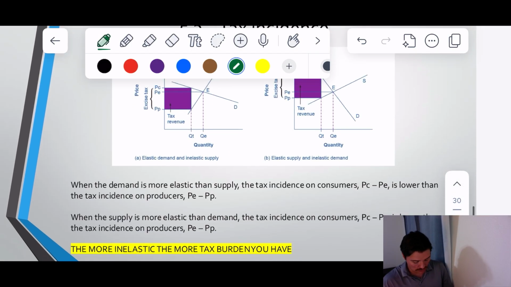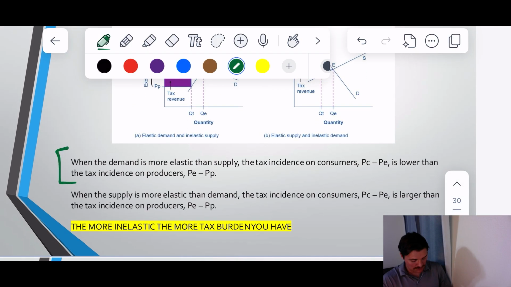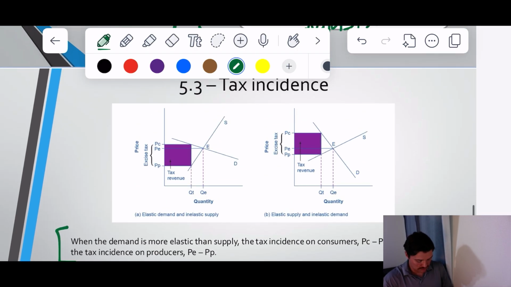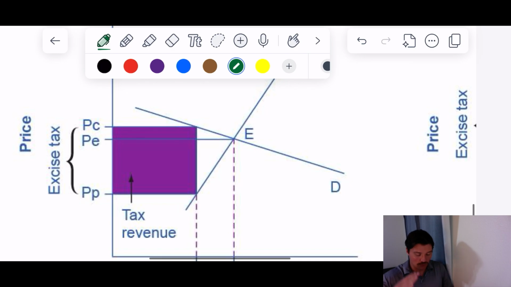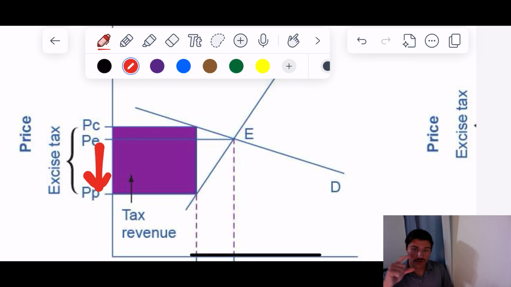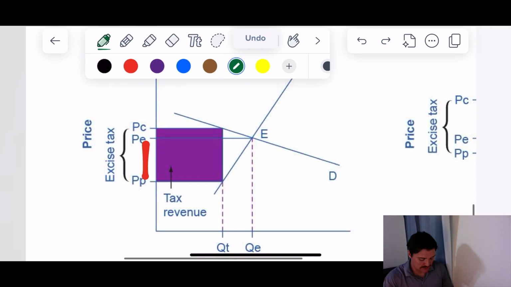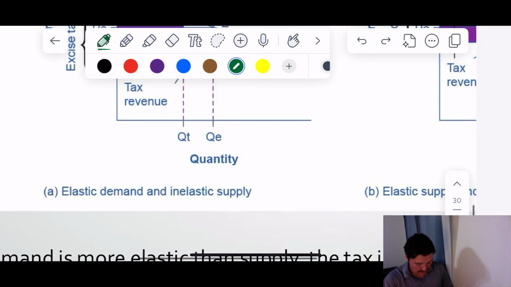So all in all, if the demand is more elastic, so right here, this would be a more elastic demand, you can see that the producers are losing more money than what the consumers are bearing, right? So in this example here, because supply is more inelastic, they have more burden.